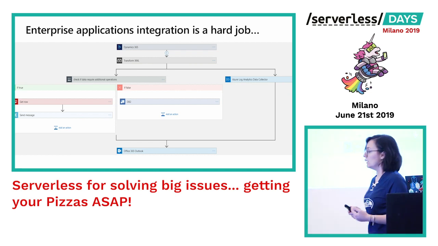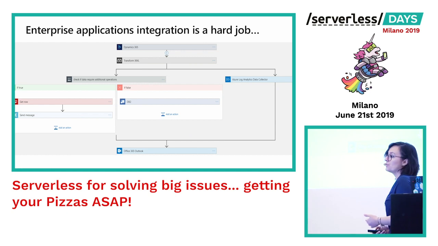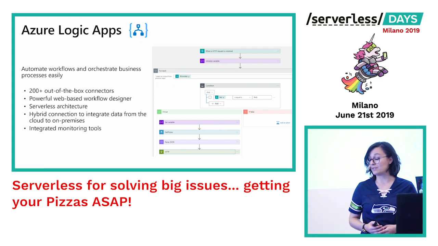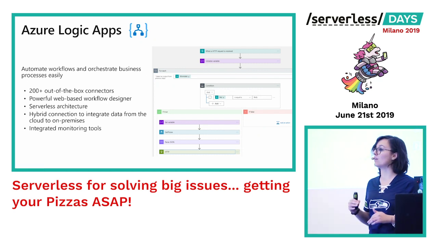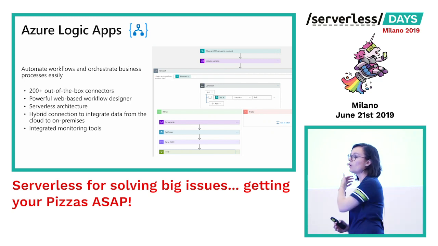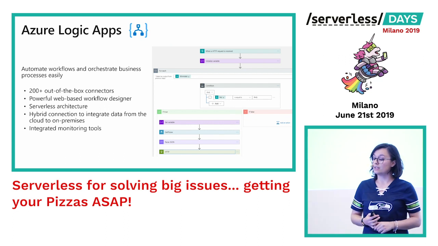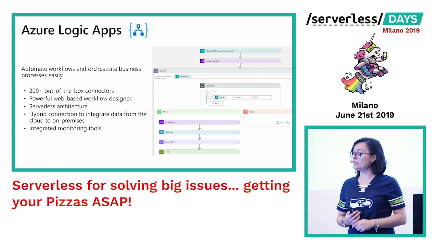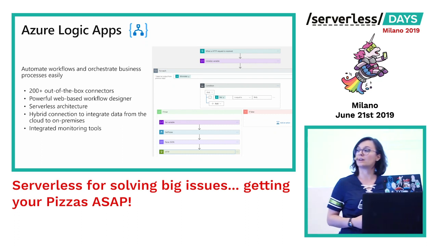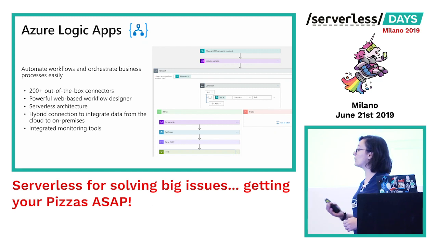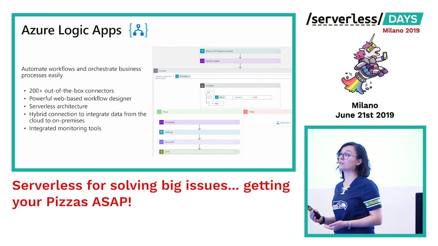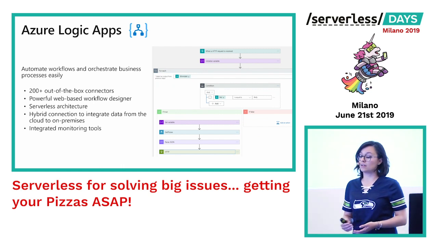So to do that, on Azure we have a service called Azure Logic Apps that is completely based on a serverless architecture. This is an orchestrator of automated workflows. You can create these workflows starting from a trigger, the occurrence of an event, or based on an occurrence in terms of time.